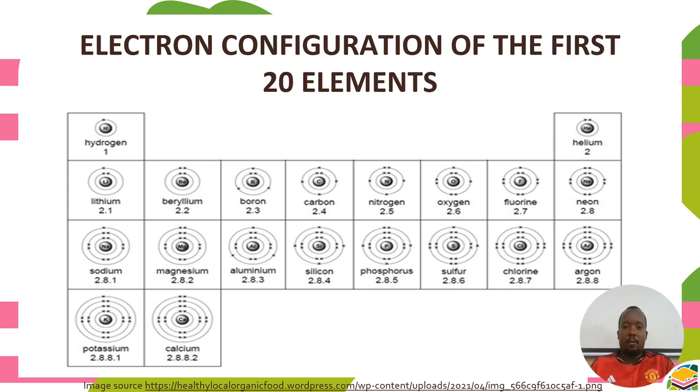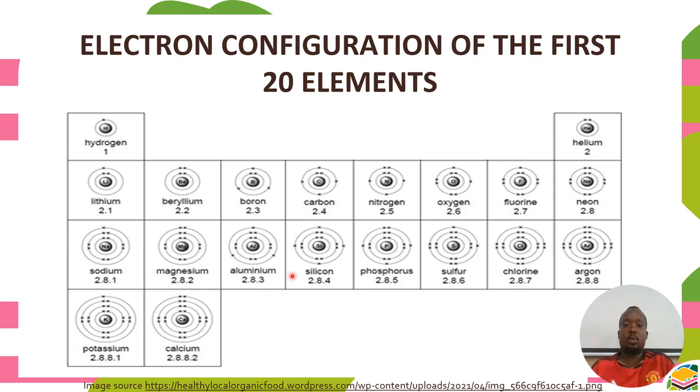Now, we can have a general overview of the electron configuration of the first 20 elements. So we have hydrogen, helium, lithium, beryllium, boron, carbon, nitrogen, oxygen, fluorine, neon, sodium, magnesium, aluminium, silicon, phosphorus, sulfur, chlorine, argon, potassium, and calcium.